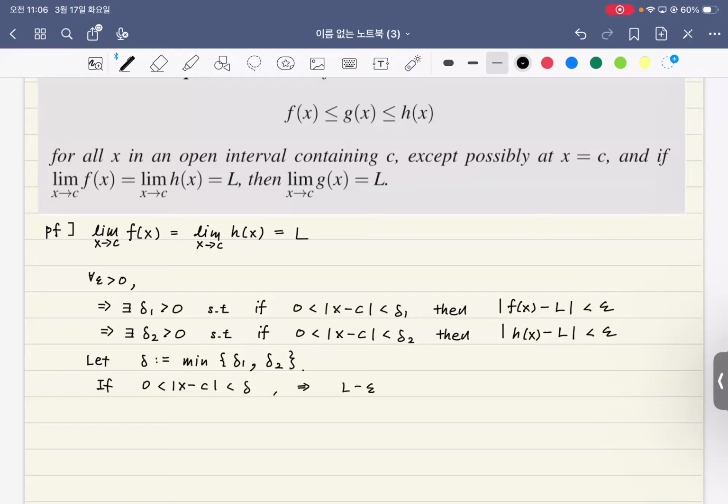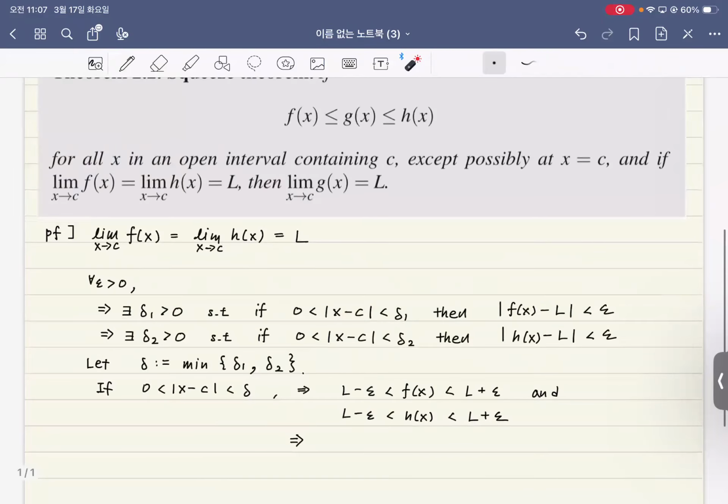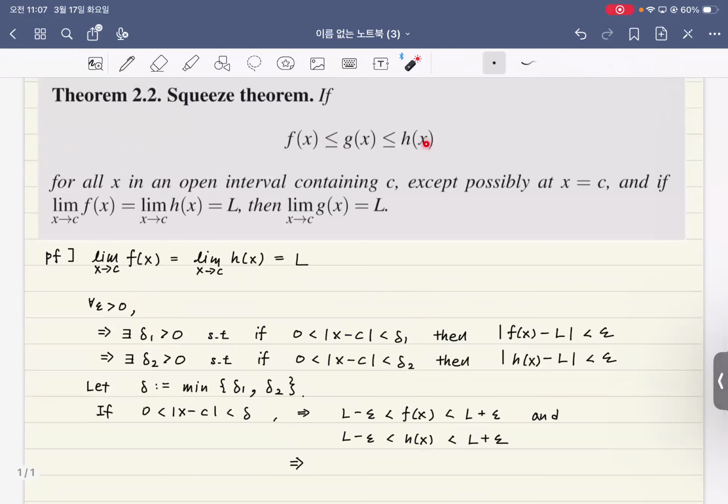I will rephrase these inequalities like this. The function value f of x lies between L minus epsilon and L plus epsilon. And the function value h of x also lies between L minus epsilon and L plus epsilon. On top of that, we also know that these three functions satisfy the two inequalities.